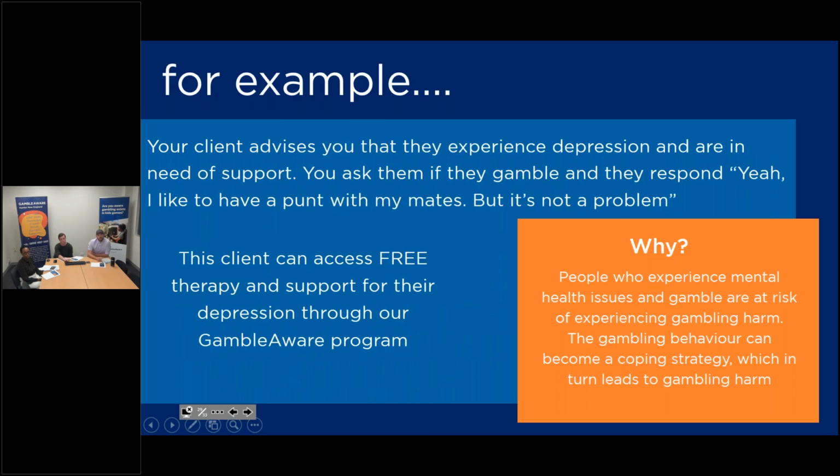Another example is you might have a patient who advises that they're experiencing depression and they're in need of support. When you ask them if they gamble, they respond with something like, "Yeah, I have a bit of a punt with my mates, but it's not a problem." That client is still eligible to access our service if they want to, even though they don't necessarily identify it as a problem.